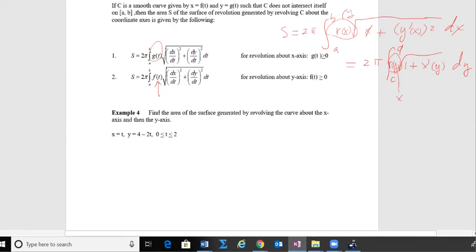Okay, so first of all, let's take a look at what this looks like. X equals t. So you can see really this is just a line. Y equals 4 minus 2x. 4, slope is minus 2, so it comes through here and here.